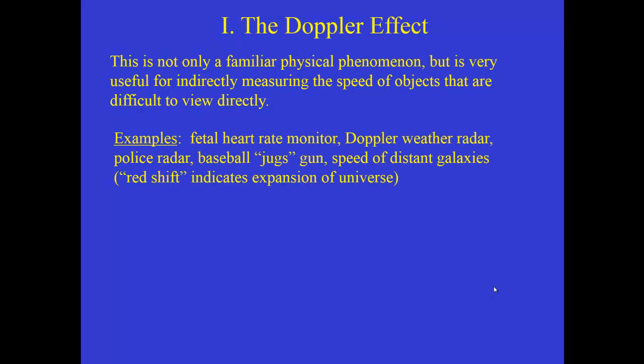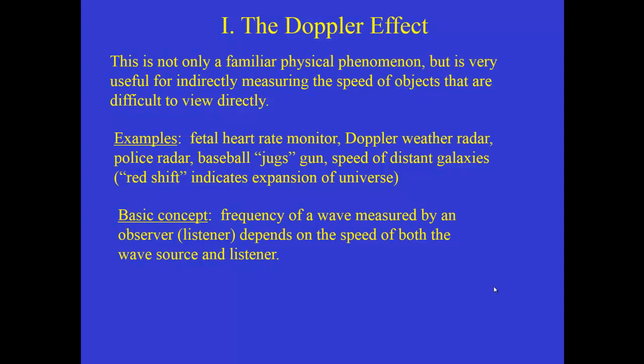So, the examples include the fetal heart rate monitor, Doppler weather radar for tracking the motion of atmospheric phenomena, police radar for measuring the speeds of moving vehicles, a baseball radar gun to measure the speed of a pitcher throwing the ball toward the plate, and, in science, being able to measure the speed of distant galaxies. And this is the most direct evidence that we have for the expansion of the universe.